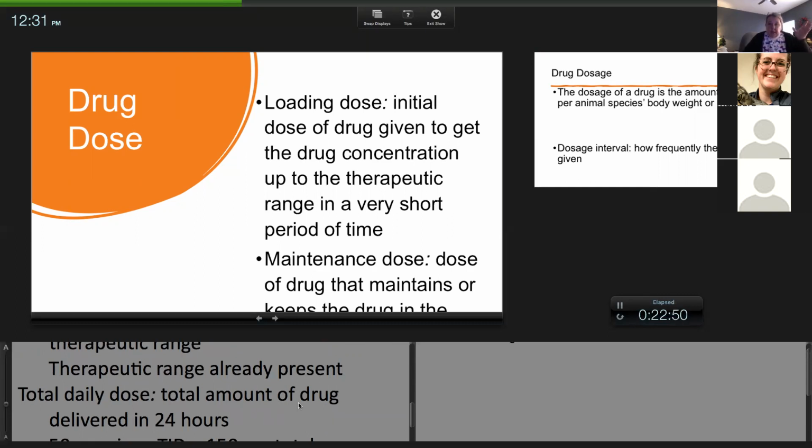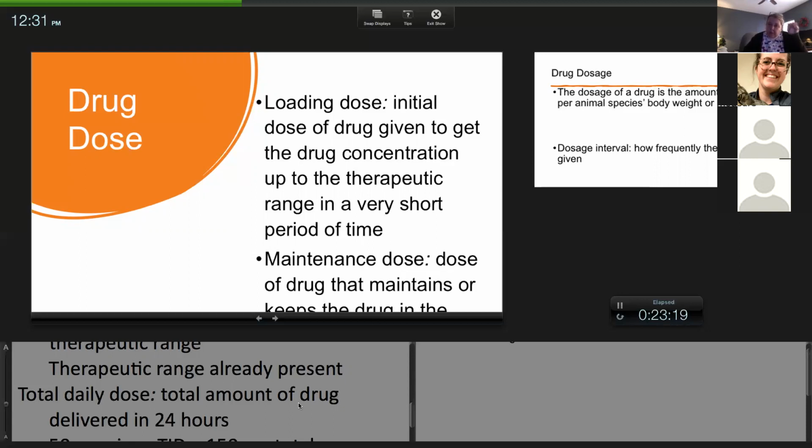A common application for this is if an animal comes into our ER with trauma, and this dog is extremely painful and has no pain meds in its system, we'll give a loading dose of hydromorphone to rapidly get it into therapeutic range. Once the drug is in therapeutic range and we achieve a level of analgesia, the subsequent dosing is typically going to be lower because we've got some drug on board.